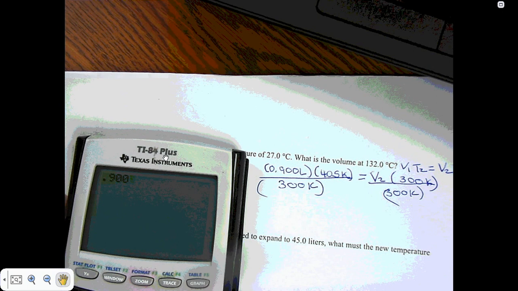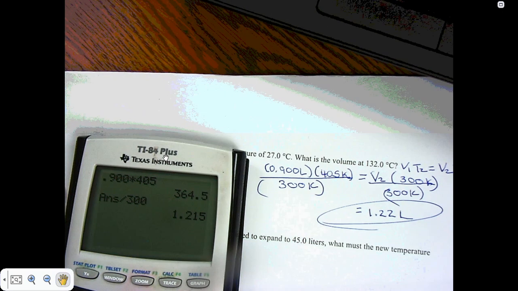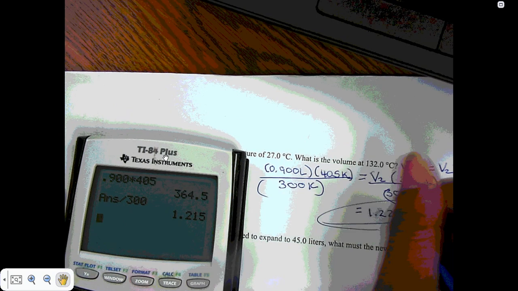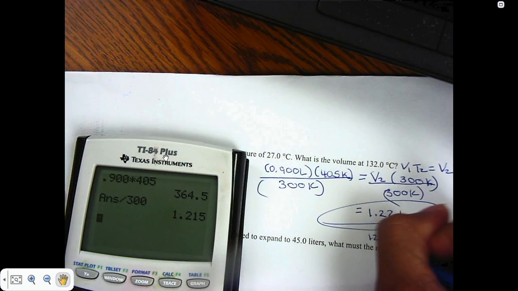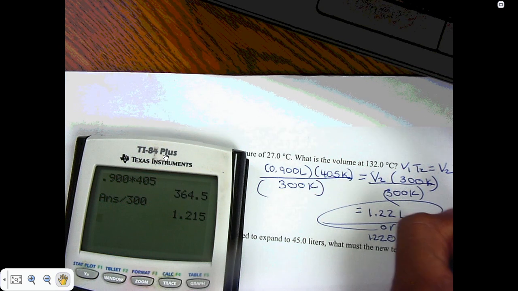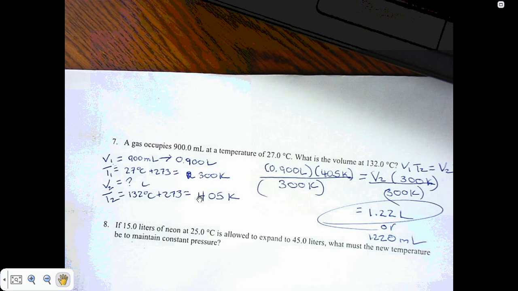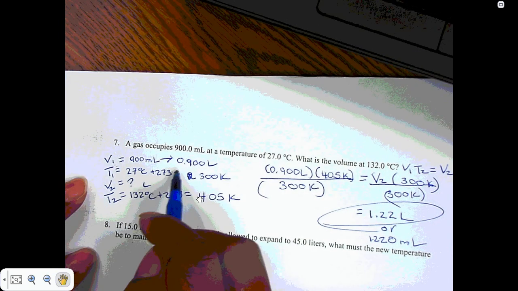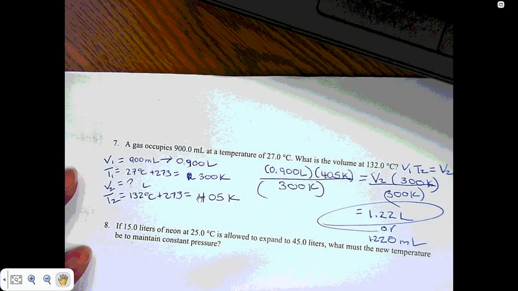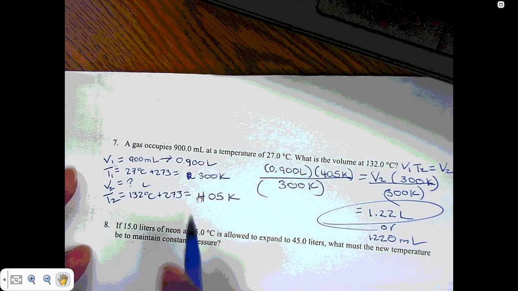And then use our trusty calculator to solve. 0.900 times 405 divided by 300 yields a value of 1.22, and that is in liters. Now, as we stated earlier, this should also increase according to the direct relationship shared in Charles' law, which states that as volume increases, temperature shares a direct relationship, which means it consequently increases.